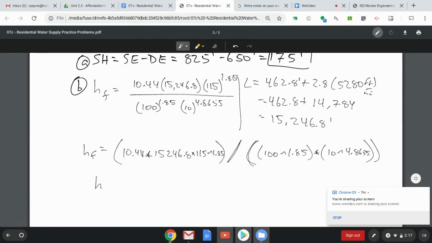If you're careful about that, you should get the head loss is approximately 2.81 feet.